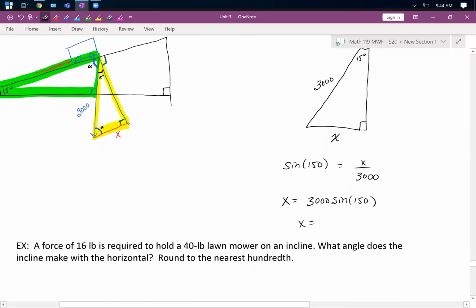And I do not have an answer for that. Sine of 150 or sine of 15? Oh, absolutely sine of 15, thanks. I guess I took my degree symbol as a 0.